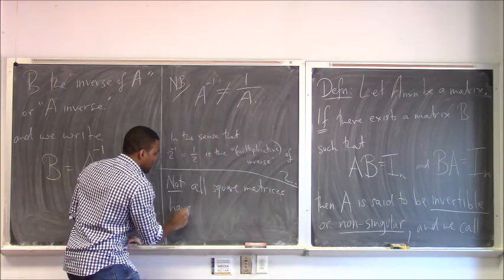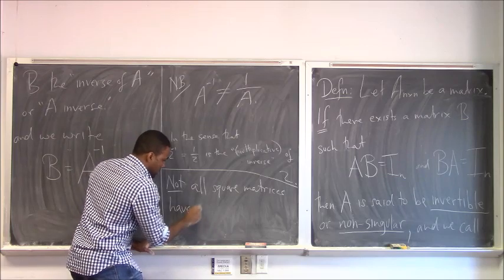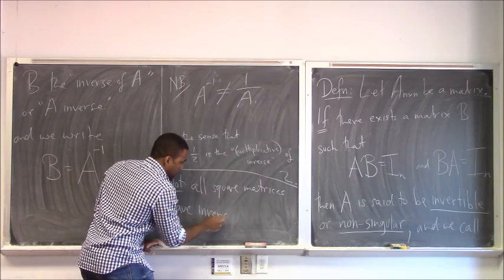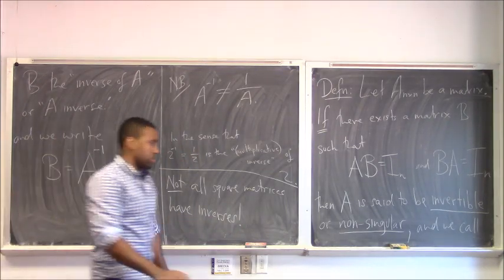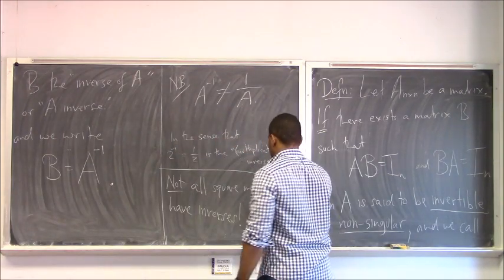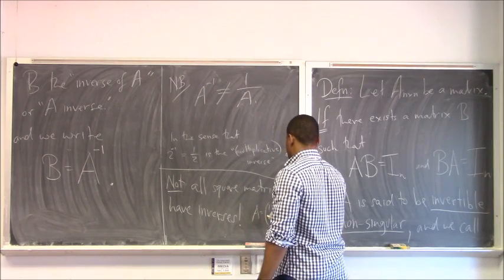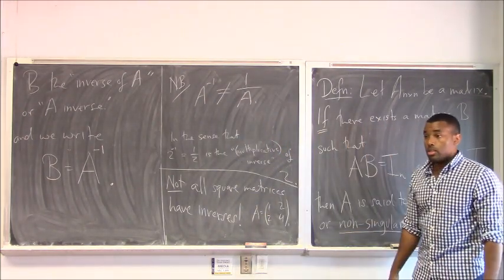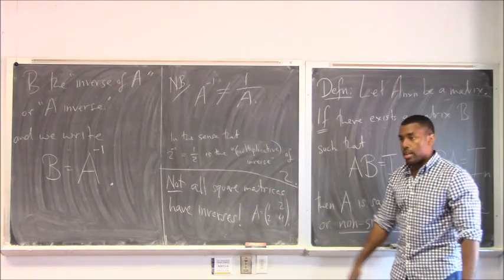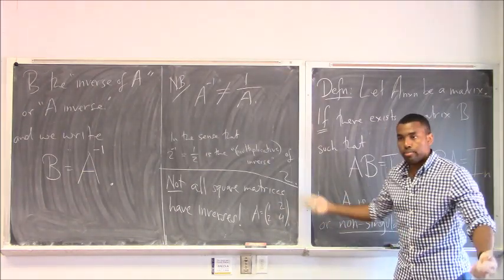So don't assume an inverse always exists. There are tons of examples I can give you. That guy has no inverse. There is no matrix you can find that when you multiply by that, you get 1, 0, 0, 1. It's not going to happen.